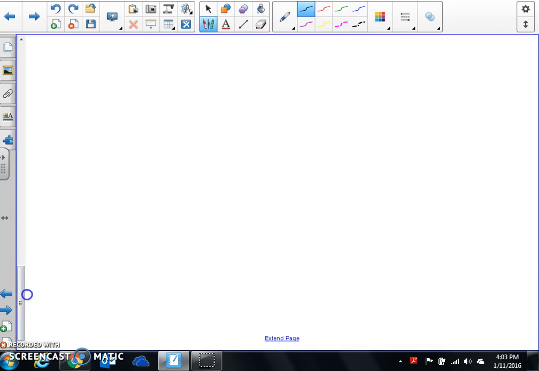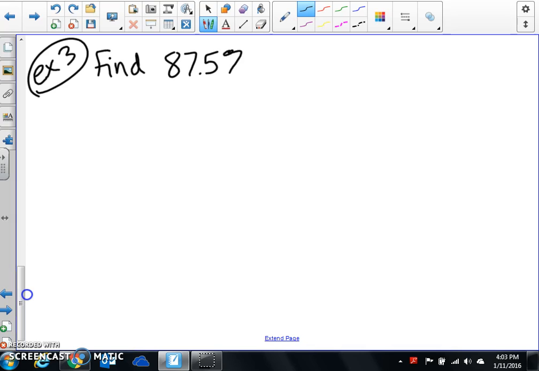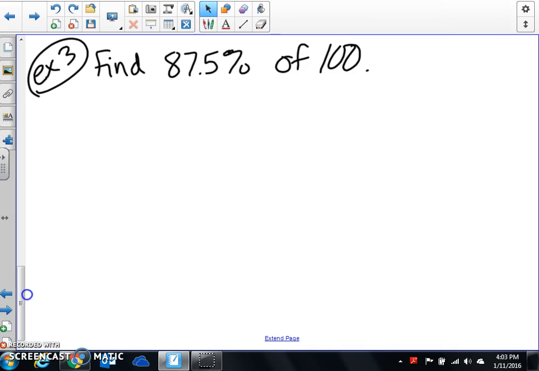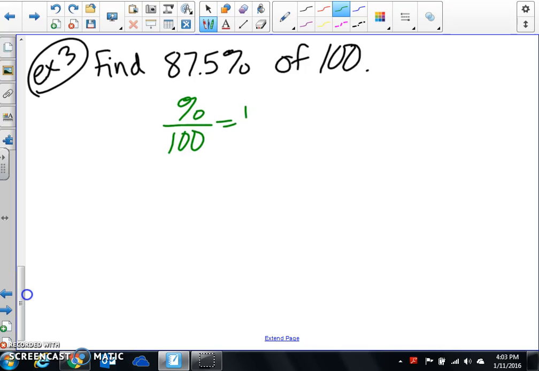Third example. Find 87.5% of 100. Okay, so percent over 100 equals is over of. Get your highlighters out.